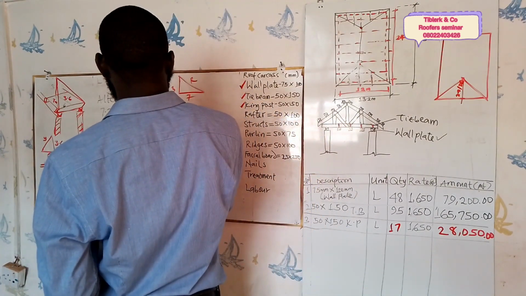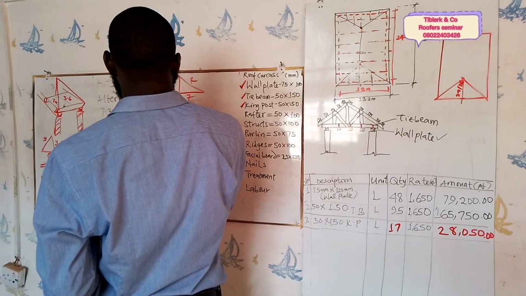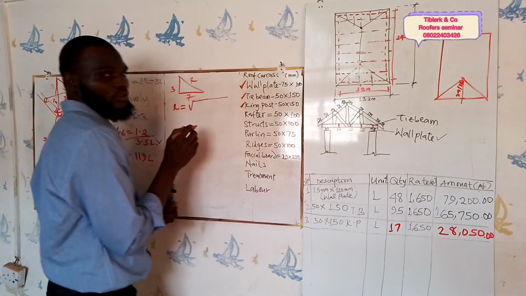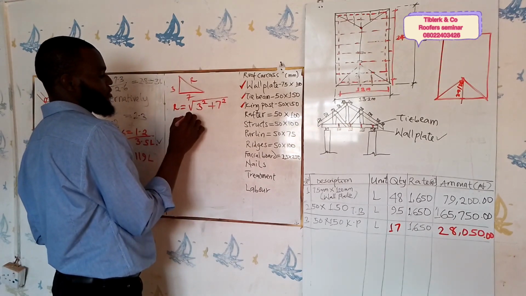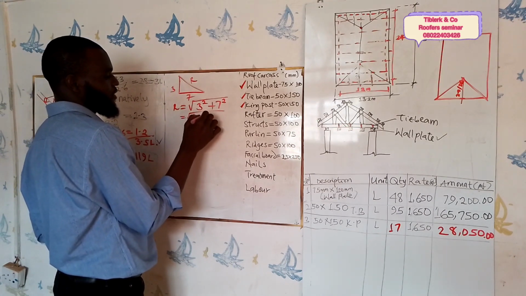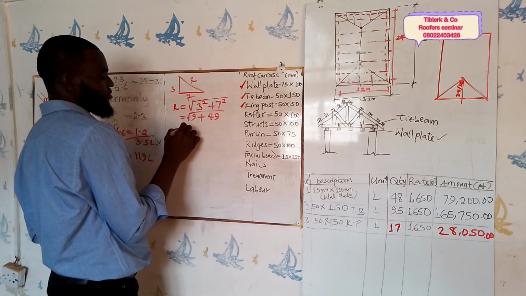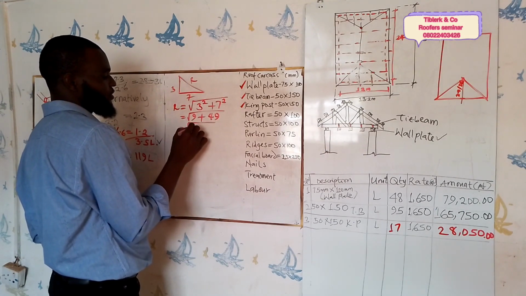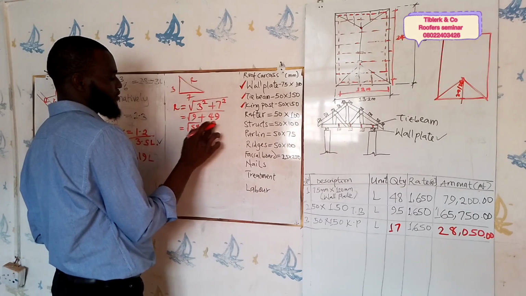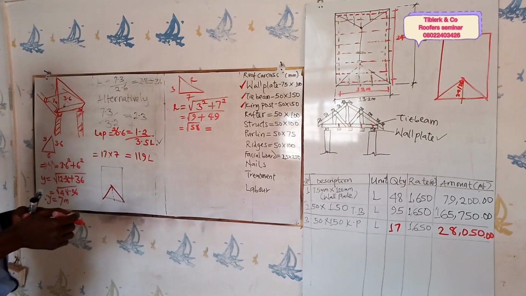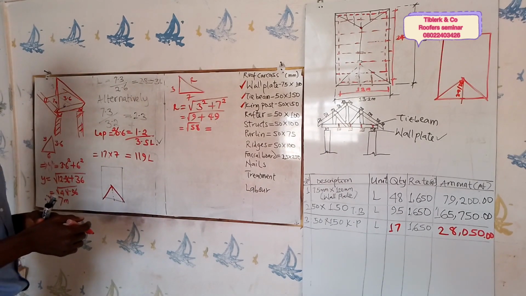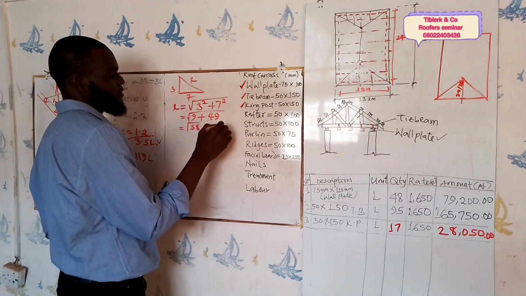So still using the same thing, our R equals the square root of 3 squared plus 7 squared, which is 9 plus 7 times 7, 49. So the square root of 58 is what? Yes, 7.615.